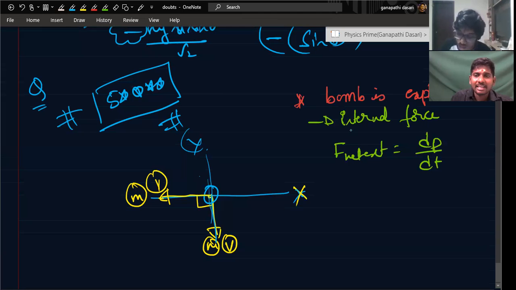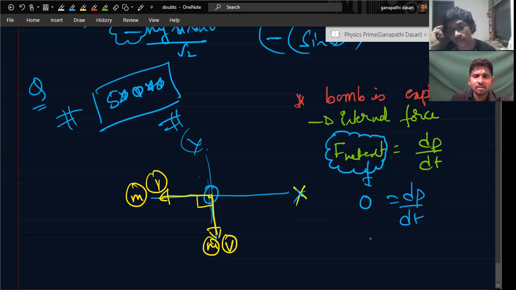Internal force means there is no external force. The bomb explosion is not happening due to external force, so external force is 0. That means dP by dt is equal to 0.